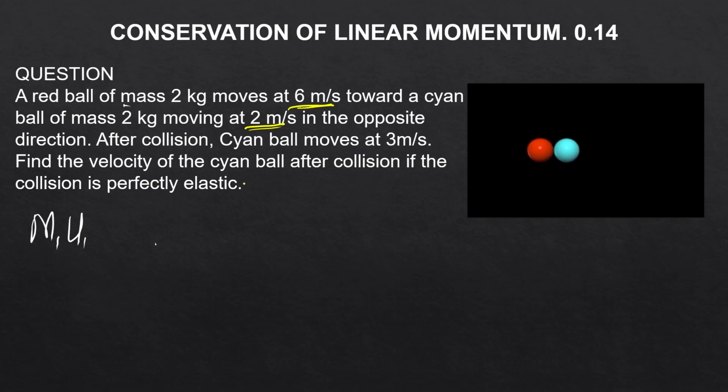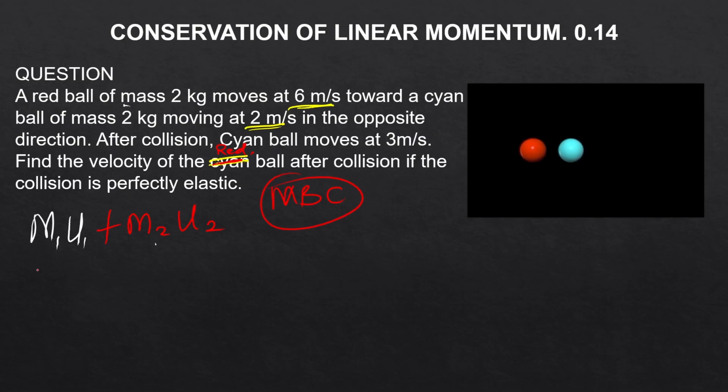All right, we are only picking for the velocity of the red body, not the cyan. Okay, so let's go. Momentum before collision is m1 u1 plus m2 u2. This is what we mean by momentum before collision.